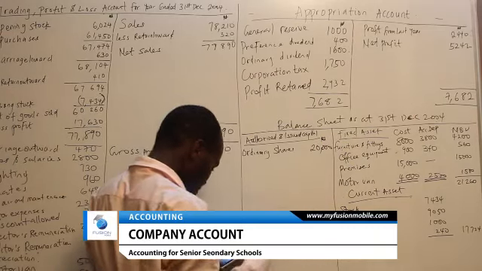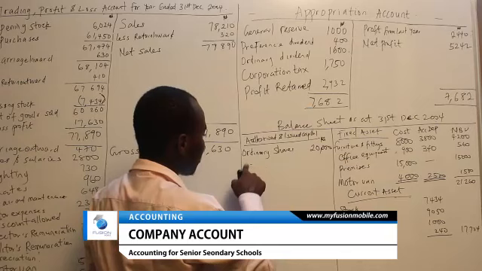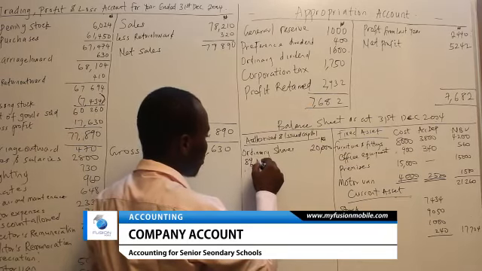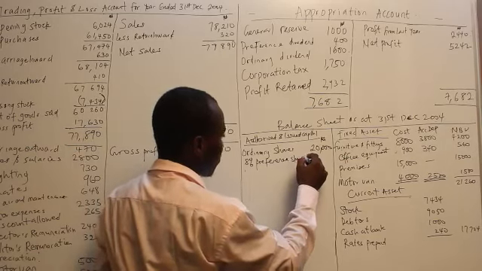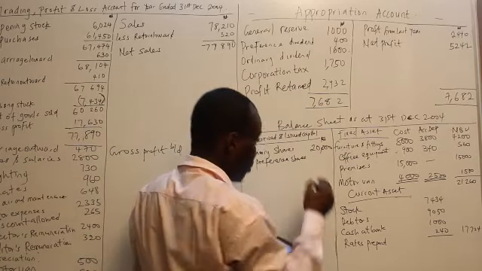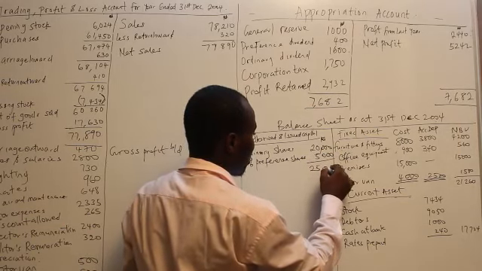Then we have 8% preference shares, which gave us 5,000 naira. That gives us 25,000 naira.